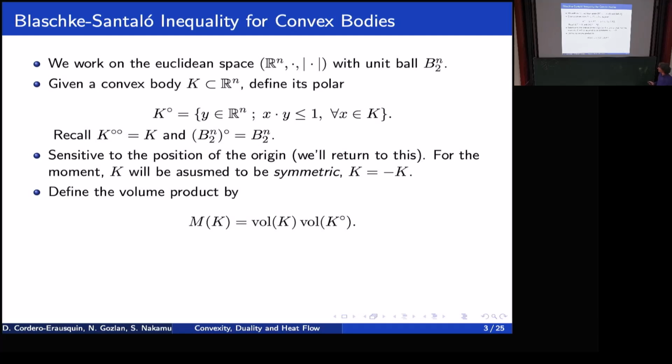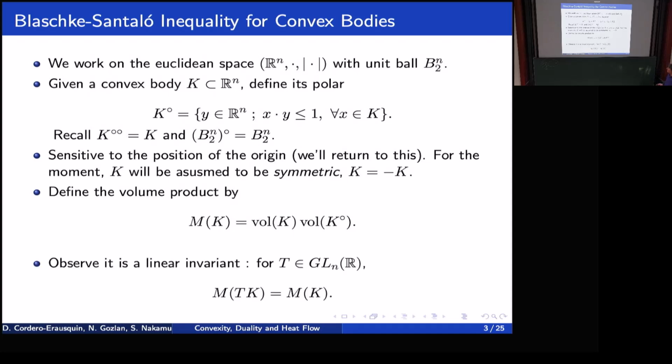And in this case, you can define the volume product to be the product of the volume of K and the volume of the polar of K. So this quantity is a linear invariant in the sense that if you perform any linear transformation on K, this does not change.